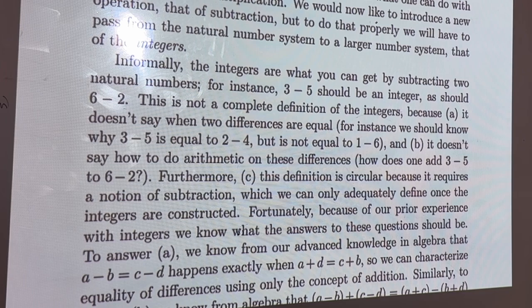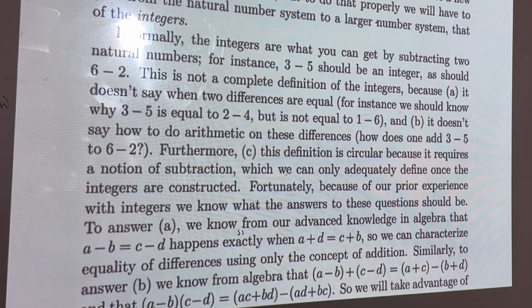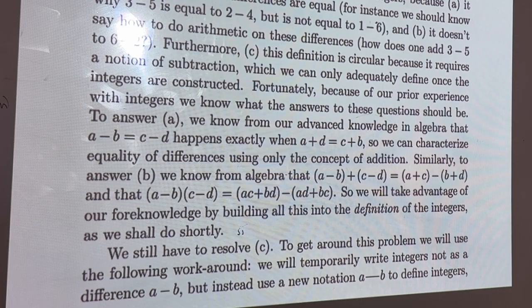So he has thought of this. This is a very remarkable thought. Exactly when a plus d is equal to c plus b, so we can characterize equality of differences using only the concept of addition.